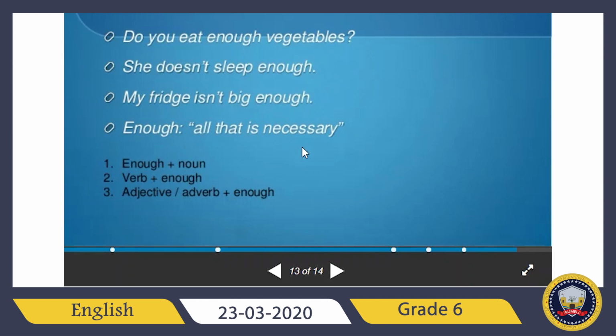Please be careful about the structure. "Enough" means something that is positive, okay? So when you don't have it, actually you lack something. When you want to talk about the shortage of something, you use, as I told you, three forms: "enough" before a noun, a verb plus "enough," or an adjective or adverb before "enough."